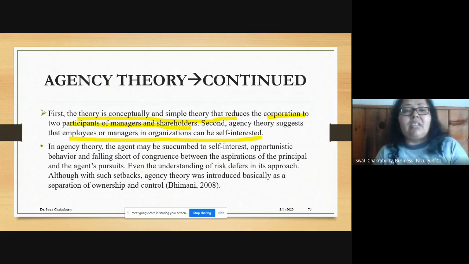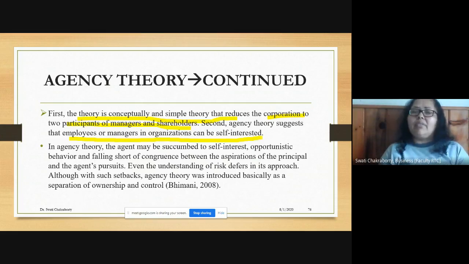Why self-interest? If they have their own self-interest, then there will be opportunistic behavior coming up. They use the money for their own interest, then what happens? A problem comes up in such a case, right?